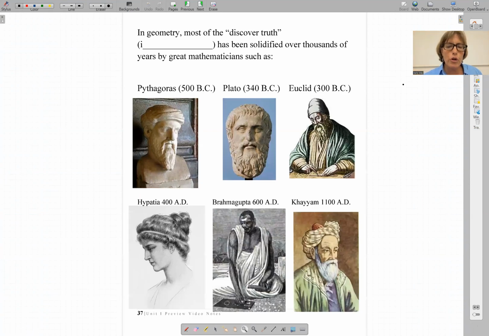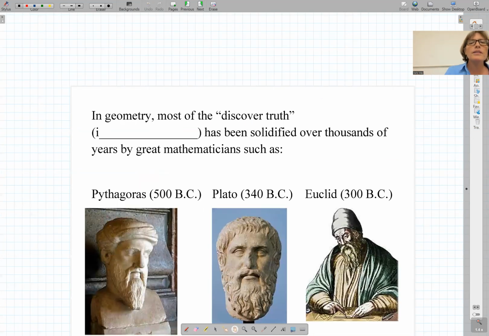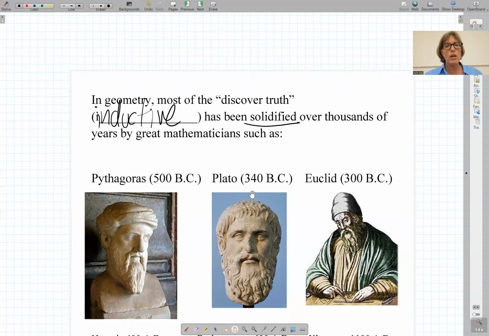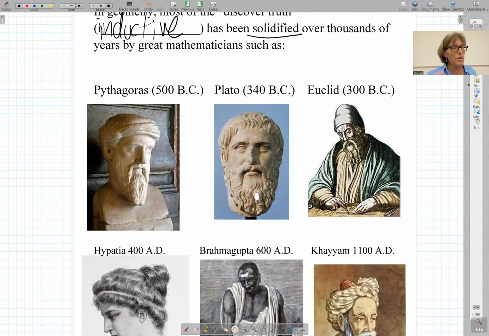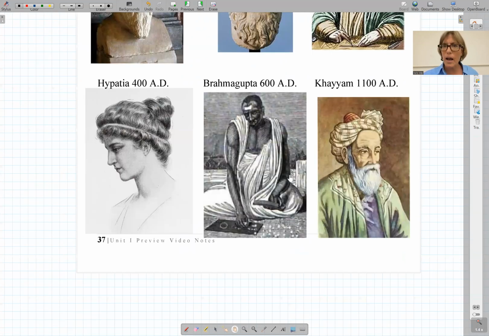The good news for you, my geometry students, is that most of the discovering of truth in inductive reasoning has already been done, the heavy lifting, if you will, over thousands of years by great mathematicians from around the world, including some of these names you know, some of them you should know: Pythagoras, Plato, Euclid, Hypatia, Brahmagupta, Khayyam.